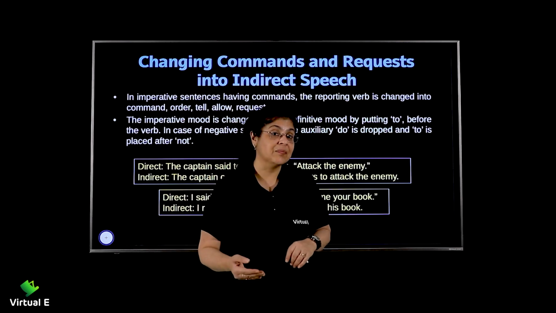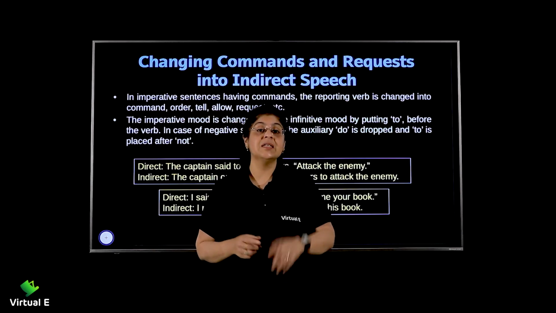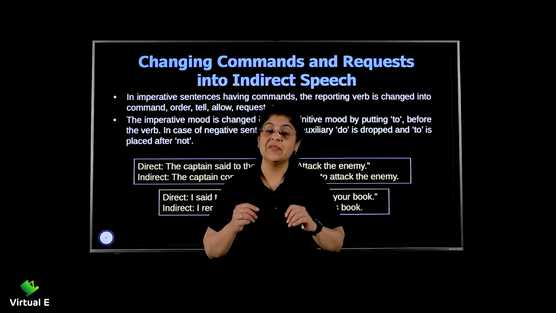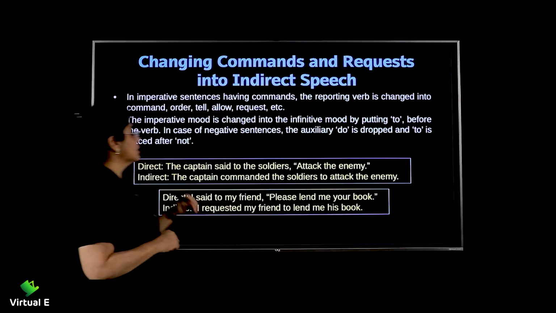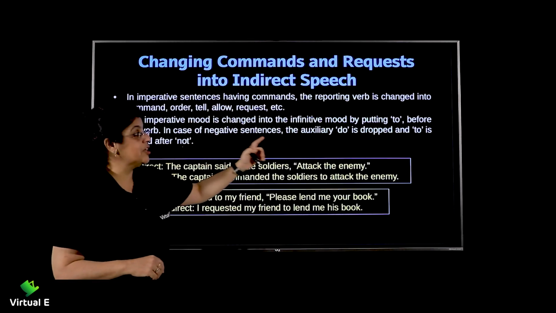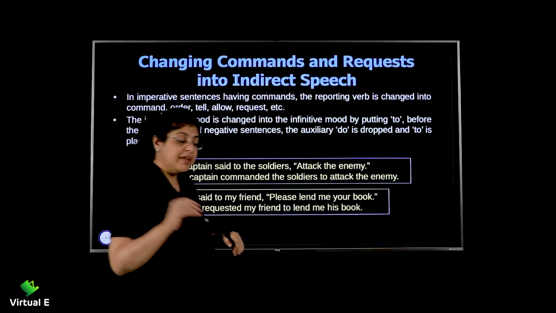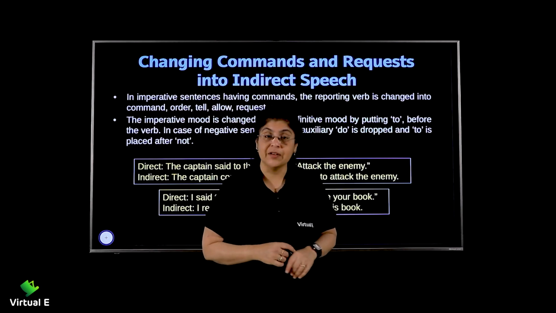Please get me a glass of water. You're requesting, right? So likewise, when you have imperative sentences, they begin with a verb. They do not have a subject. They begin with a verb. In that case, the imperative mood is changed into infinitive mood. What do we mean by infinitive? Please remember this. Like I've told you, the terminology should be very clear in your head.